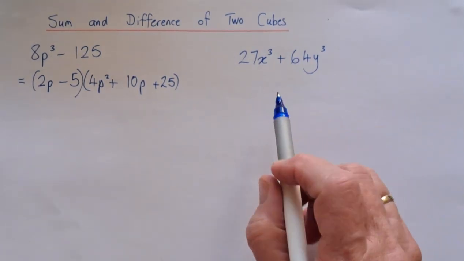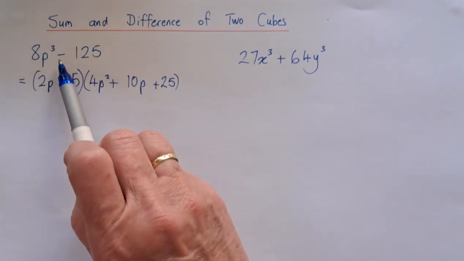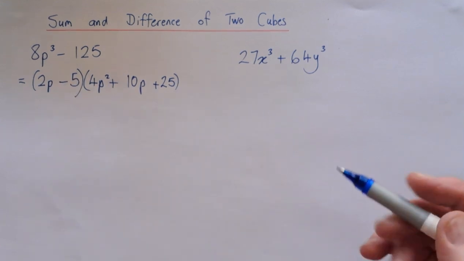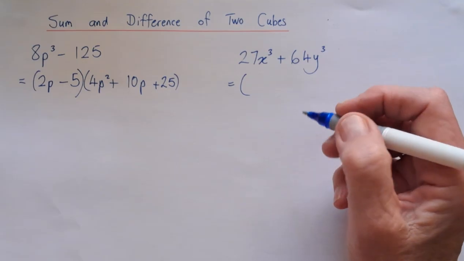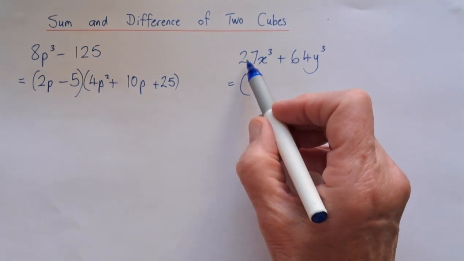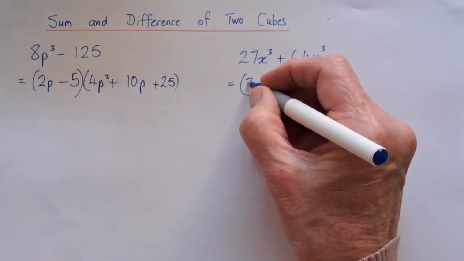So let's have a look now at not a difference of two perfect cubes, but a sum of two perfect cubes. Again, we're going to start off by trying to find our binomial first. So the cube root of 27 is 3.